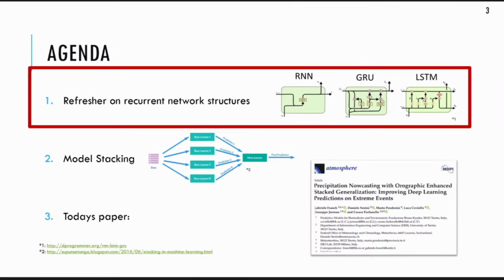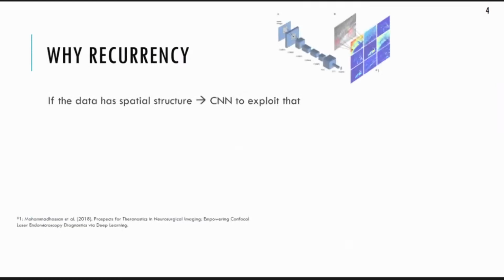So let's start with the refresher. So maybe first ask, or maybe hopefully answer the question, why do we even want something like temporal recurrency? We all probably know convolutional neural network architectures and structures, which have the advantage of being able to exploit spatial structures by not only using pixel-wise information, but also looking at a certain area around a single pixel.